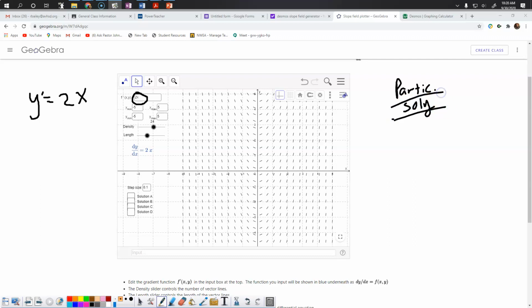What would the equation be? Well, look at our slope field. And just imagine you drop a dot in here somewhere, like maybe here. Let's trace it to get an idea of what the particular solution might look like.